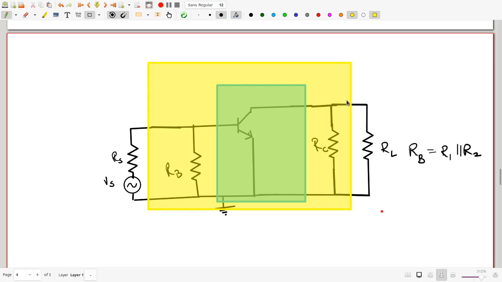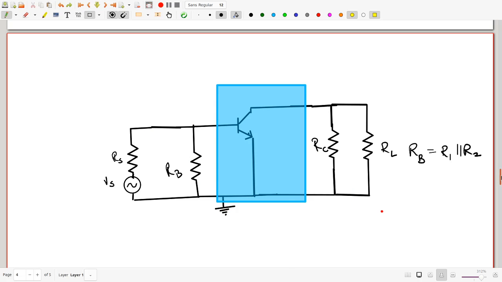So there are two distinct amplifying elements here. One is the transistor itself, which is doing the amplifying, but the transistor alone is not the amplifier. RB and RC are also connected to it. You will always have to be careful, when we say gain, which gain are we talking about? The gain of the transistor alone or the gain of the circuit? We will soon see that there is a distinction between these two things.